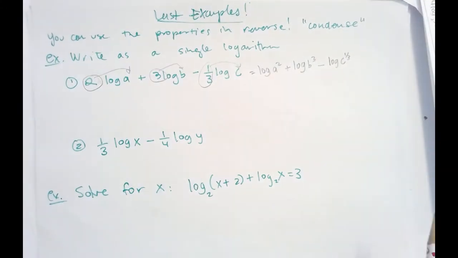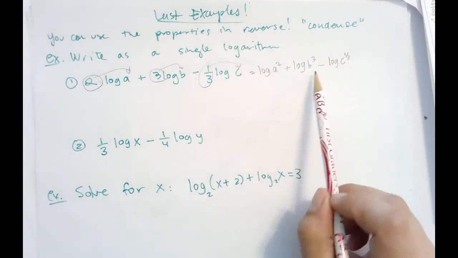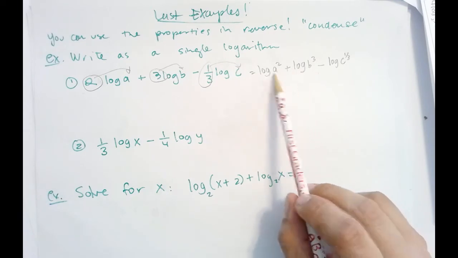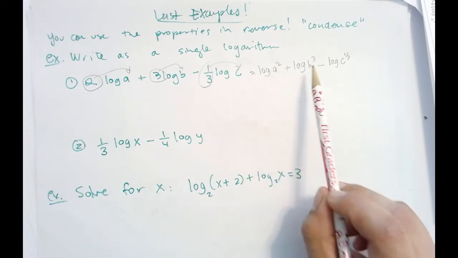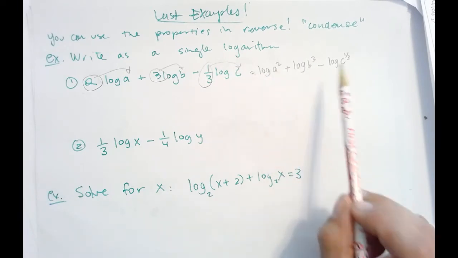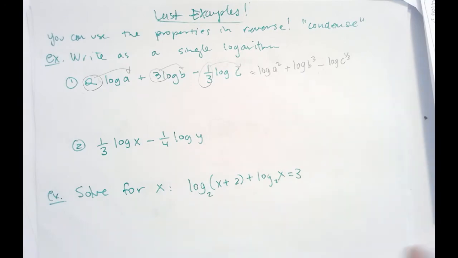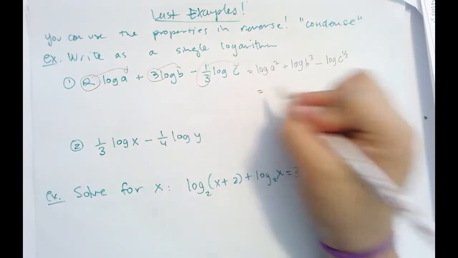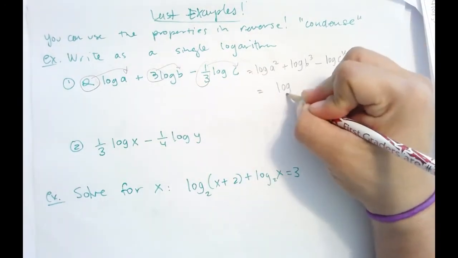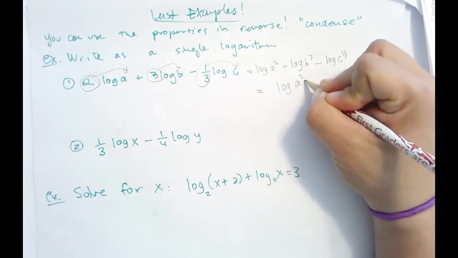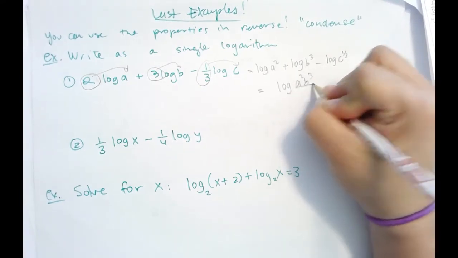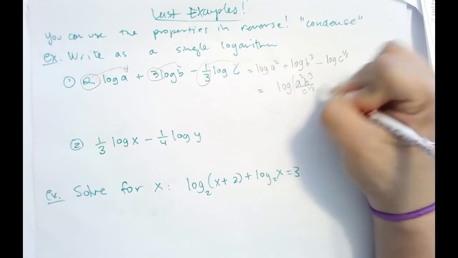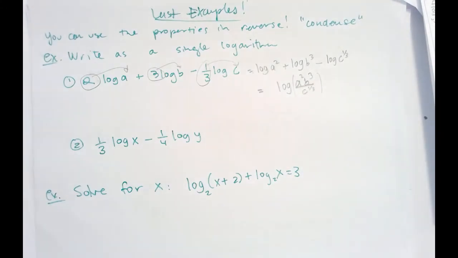Now that we have written it this way, we can rewrite this as a quotient. Remember, the positive ones go in the numerator and the negative logs go in the denominator. We can condense this as a single log. So this is a squared b cubed all over c to the 1/3 power, and that's your answer.